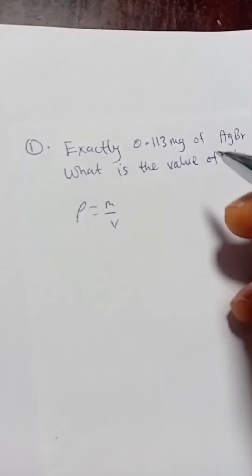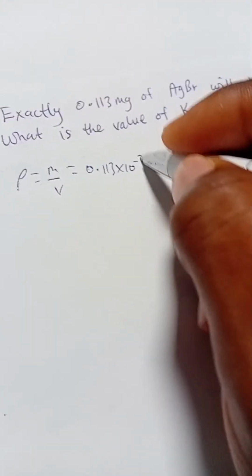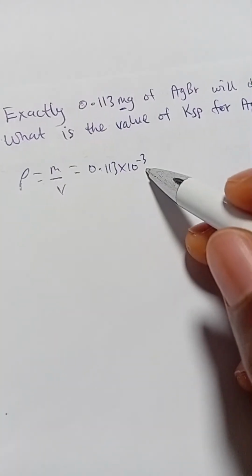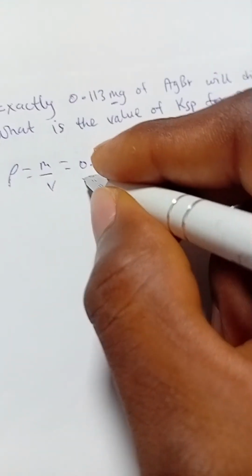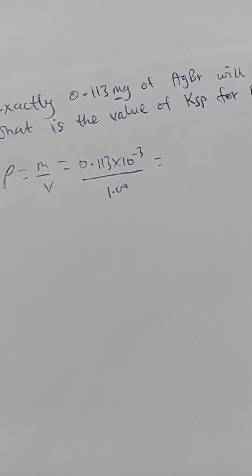So let's get our mass concentration. So this is going to give us 0.113 milligrams. So the milli here, we brought it out, times 10 to the power minus 3. So all over, our volume is 1 liter, so all over 1.00. Then we can get our mass concentration.